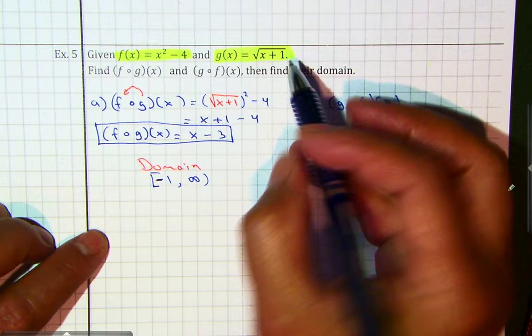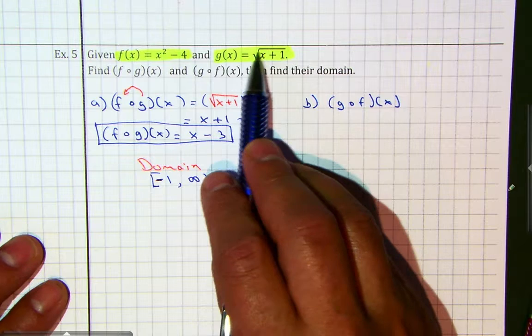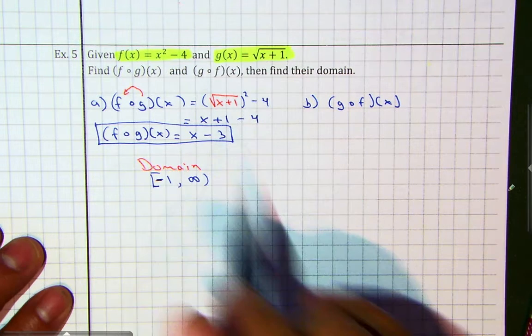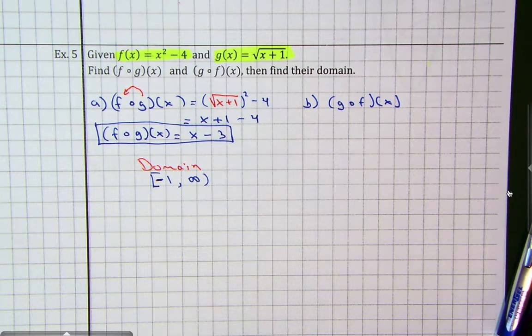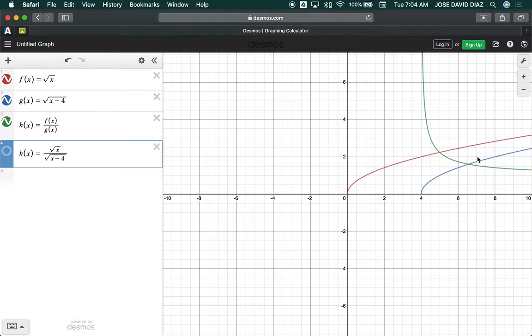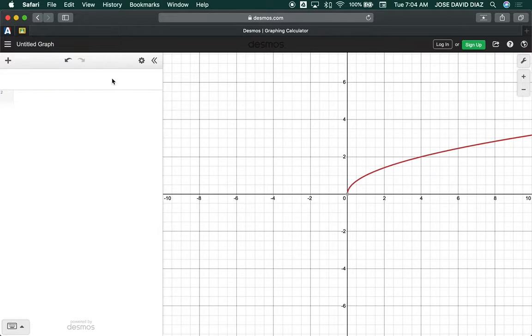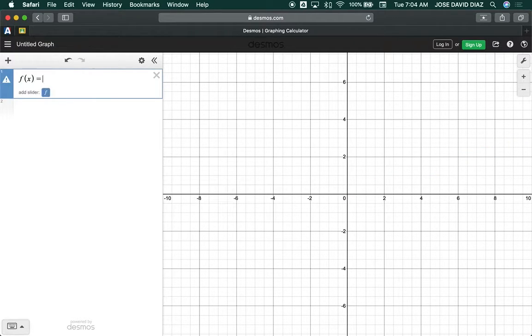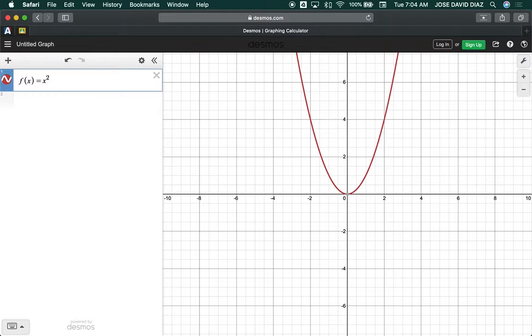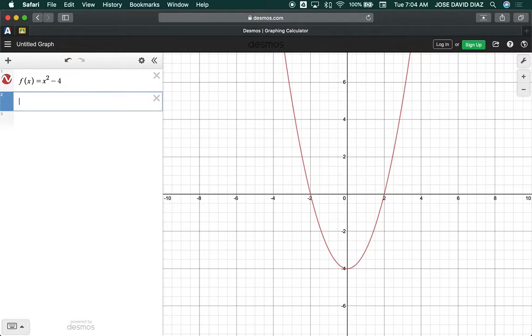Anything smaller, if you plug in a negative 2, you end up with a negative number inside the square root, so therefore it will be undefined. And if we go into decimals, and just to confirm our domain, now we have f of x to be x squared minus 4. And we know that g of x is equal to the square root of x plus 1.